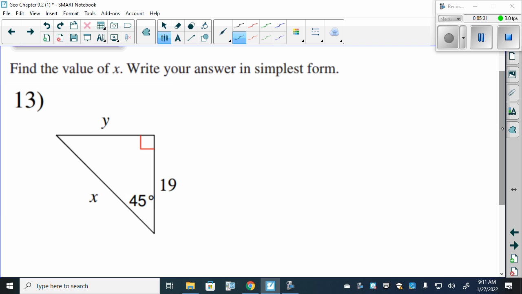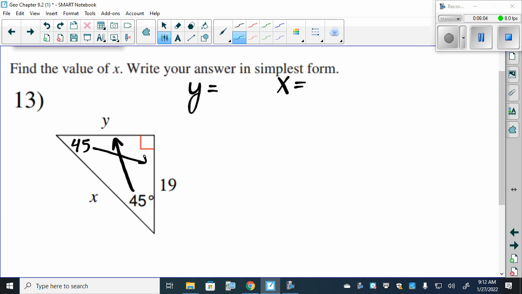So let's look at this one here. We do need to find the value of y, and we need to find the value of x. So again, this is a 45, 45, 90 right triangle. The sides opposite the 45 are going to be congruent. They're going to be the same. So which two sides are opposite 45?